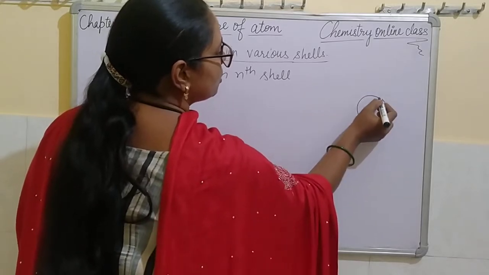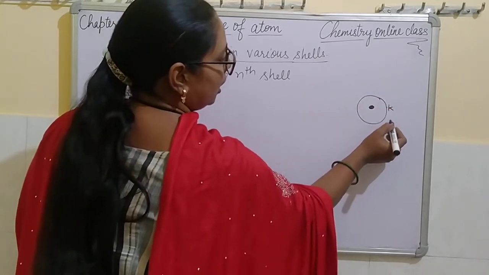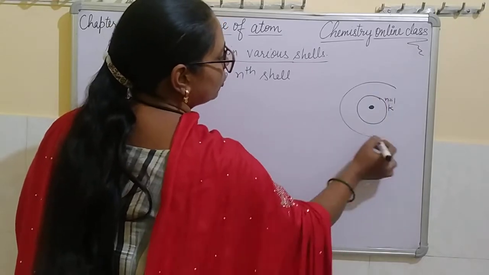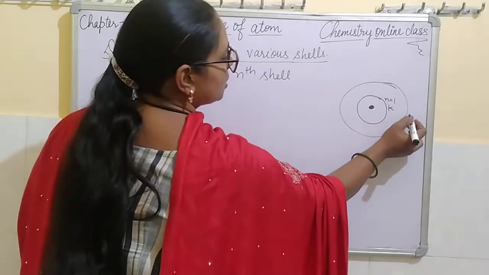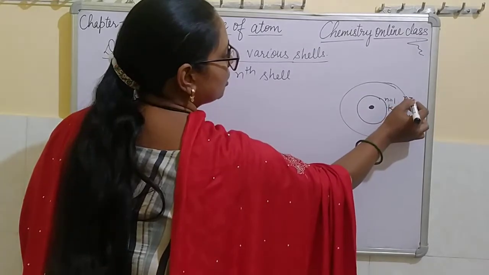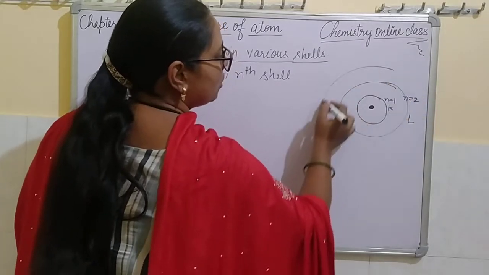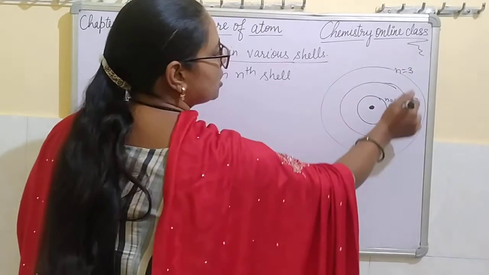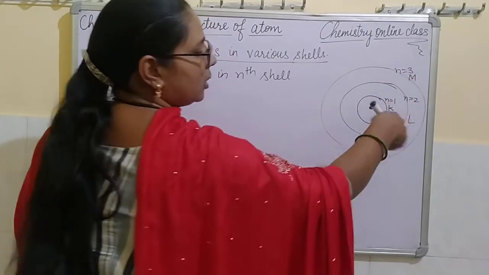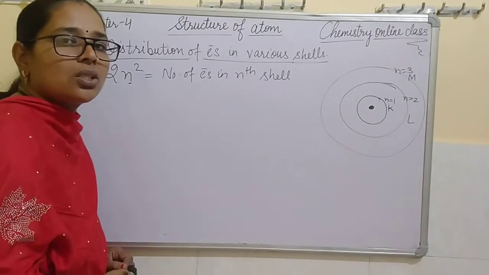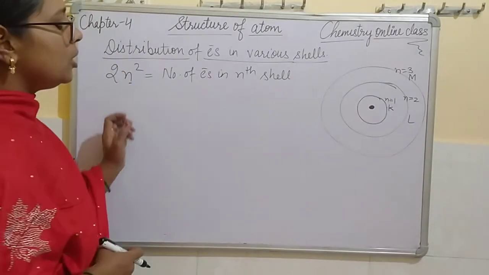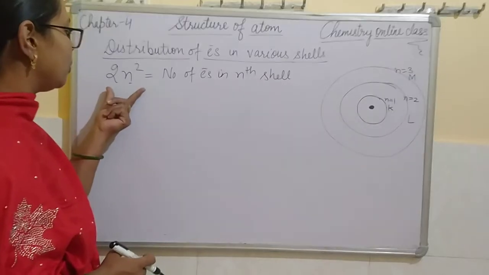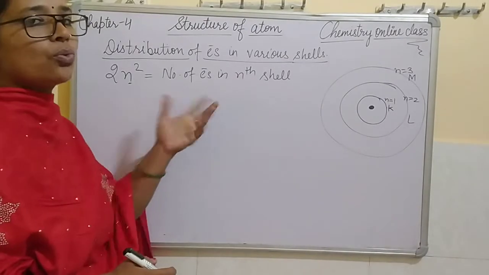About this nucleus, this is the first shell K. I'll give it value 1. Then for the second shell, that is L shell, the number is 2. In a similar way, the number n goes on increasing, and we will get our next and next shells. So the number of electrons in a given shell is given by the formula 2n square.